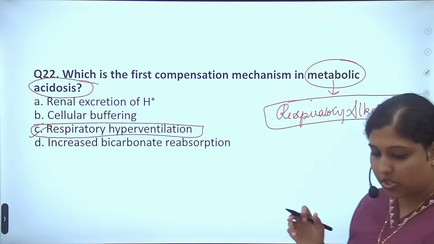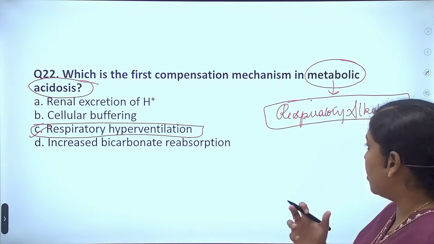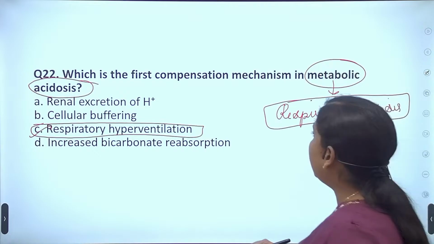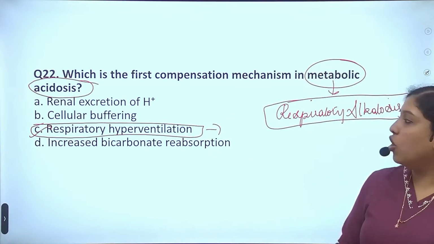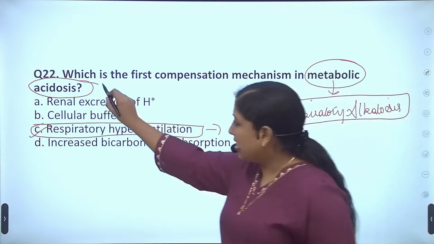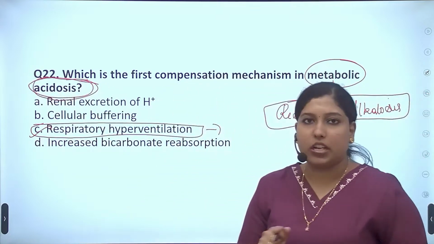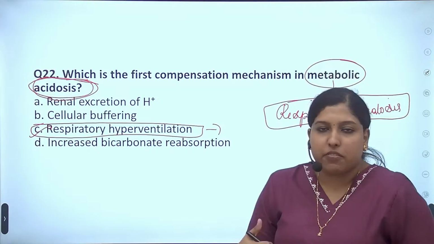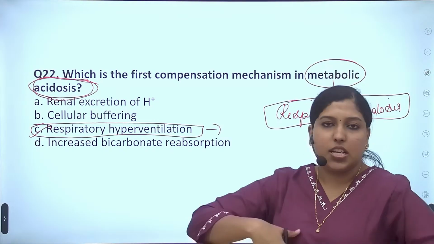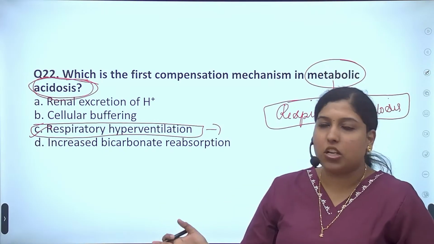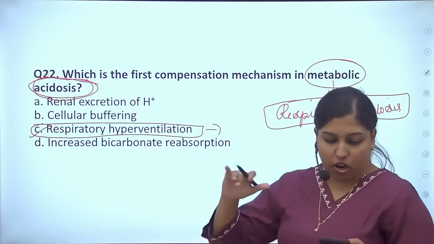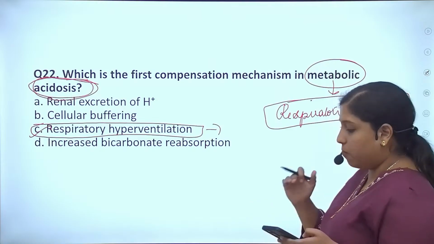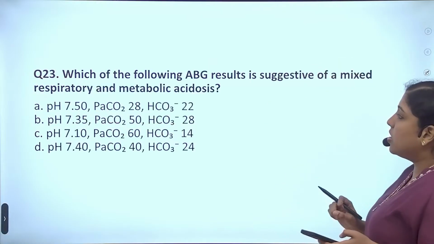Respiratory hyperventilation, so that I can wash out more CO2, which is causing this acidotic effect in my body. I have to do more hyperventilation so that more CO2 goes out of my body, so that I can recover from the acidotic state and return to normal. Right? Yes. So the next question.